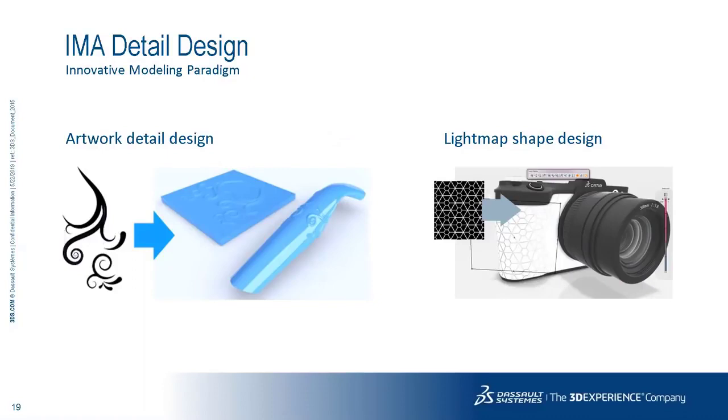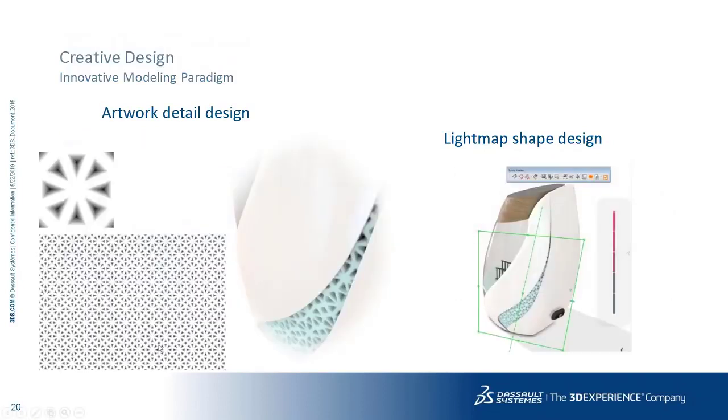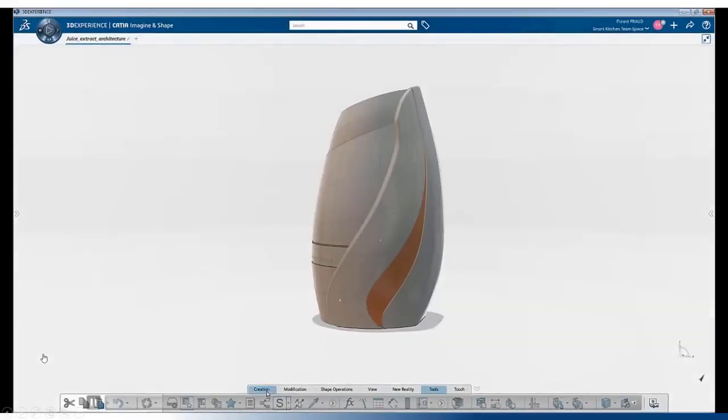One feature of Imagine and Shape that I want to point out here is IMA detailed design. With this one, you can take a black and white image and map it onto 3D data in order to generate real 3D surfaces. I have a quick example video.